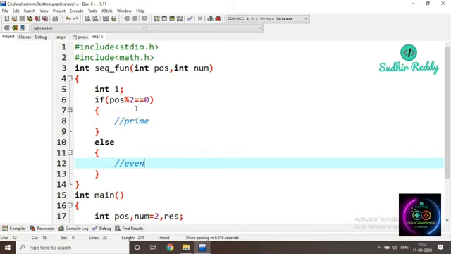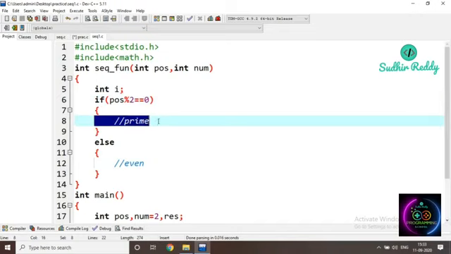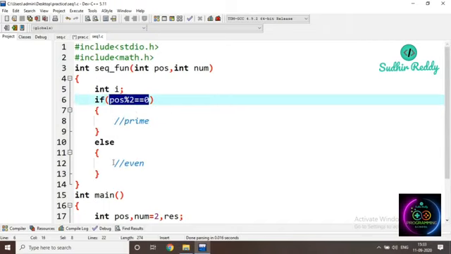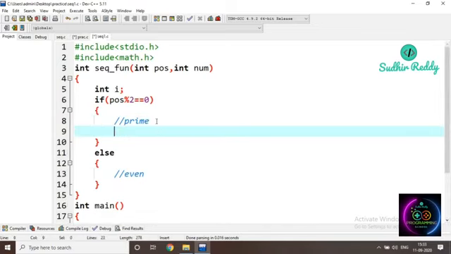This is the main condition here. If the position is even, I generate a prime number. If it is an odd position, I find an even number. For that, now I am going to write an infinite loop.